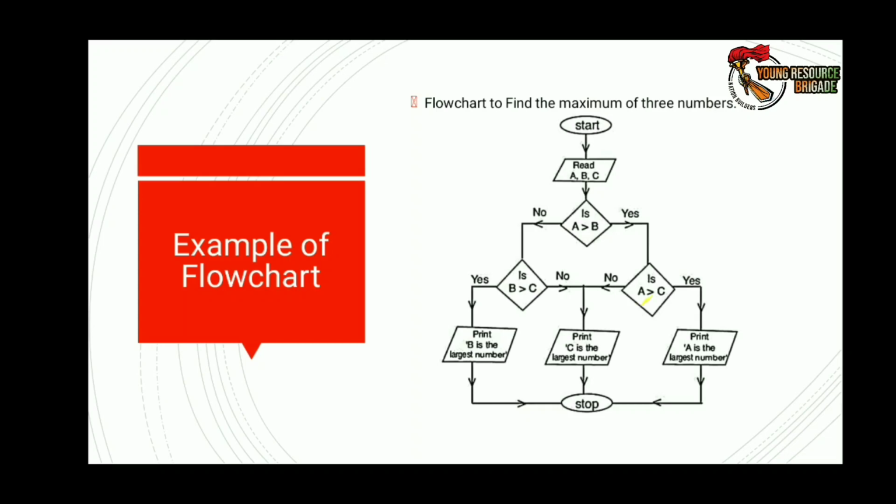And whenever this condition is false, A is not greater than C, then this condition appears: print C is the largest number, because B is already neglected in this block.